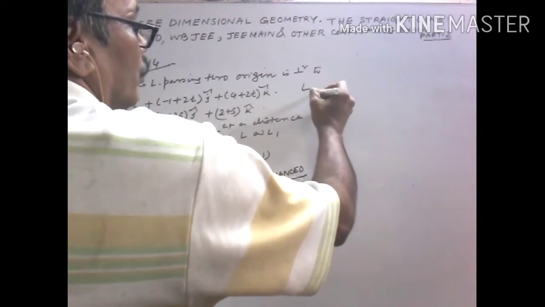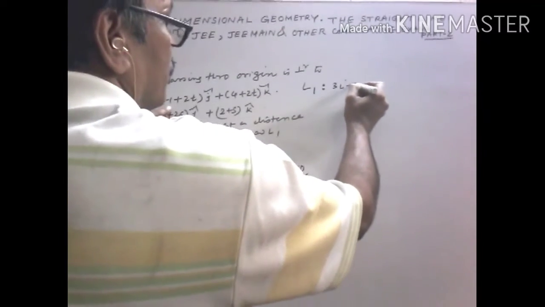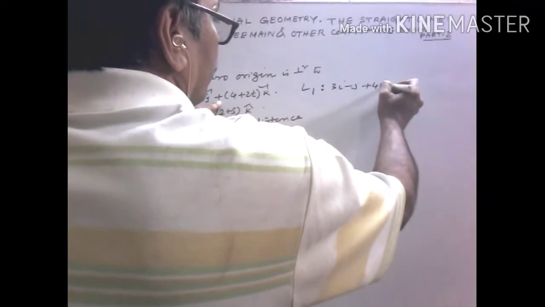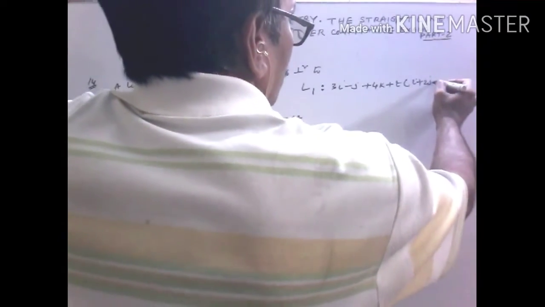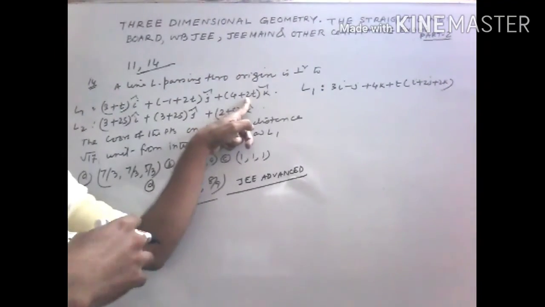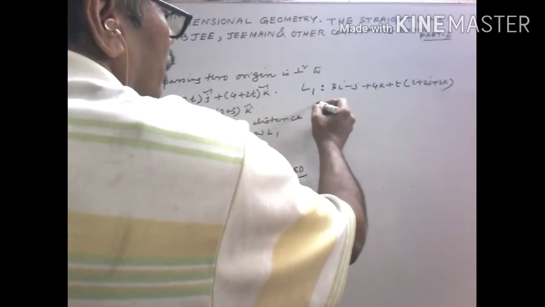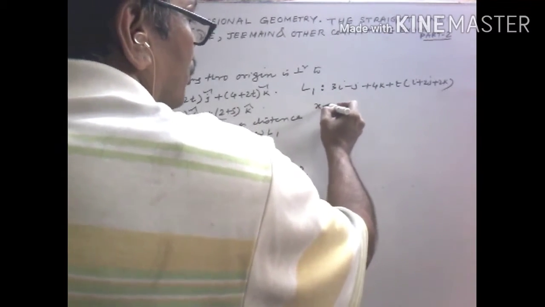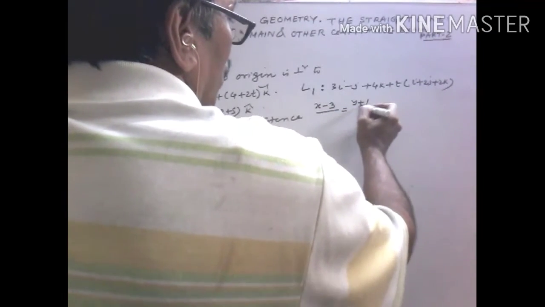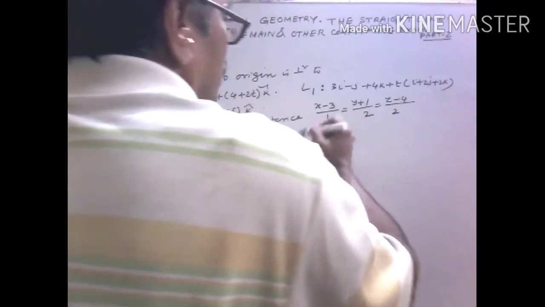So for L1, we write it in standard form: 3i minus j plus 4k plus t into i plus 2j plus 2k. In Cartesian form, its equation is x minus 3, y plus 1, z minus 4 over 1, 2, 2. So this is L1.